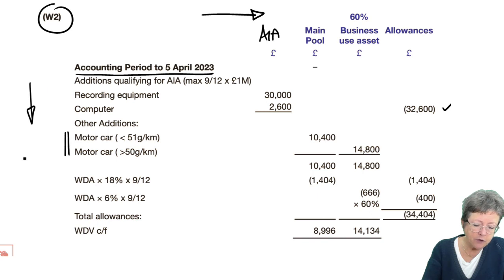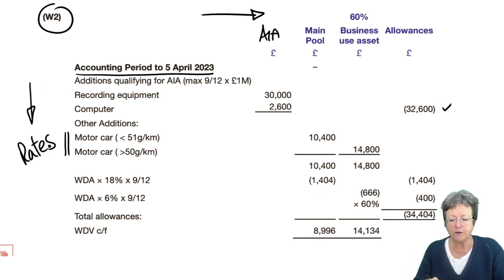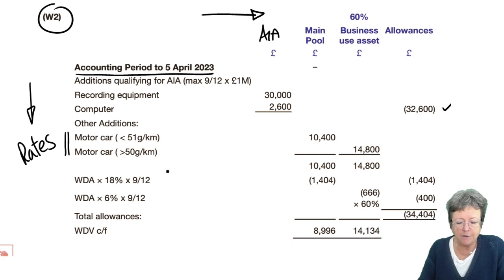Again, check the rates, never guess, always check the rates. Her private use car has its own column, if you remember from the capital allowances chapter that we dealt with. So the car with the small emissions goes into the pool, and the car that she owns privately goes into its own column.